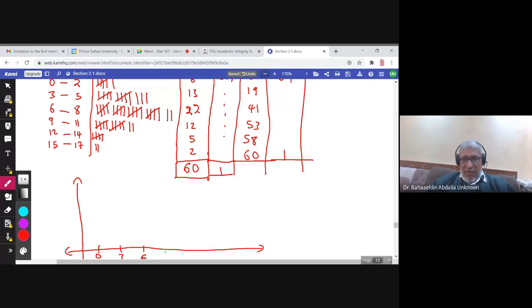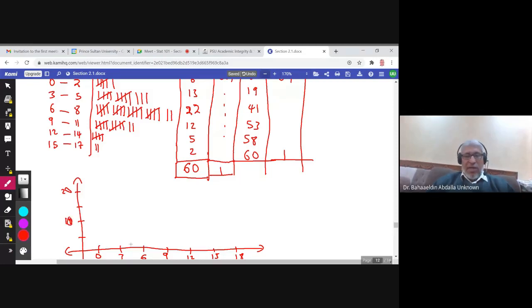I will take 0, 3, 6, 9, 12, 15, and then if I add another 3, it would be 18. So these are the classes. And for the frequencies, up to 22, I go by 5: 5, 10, 15, 20.